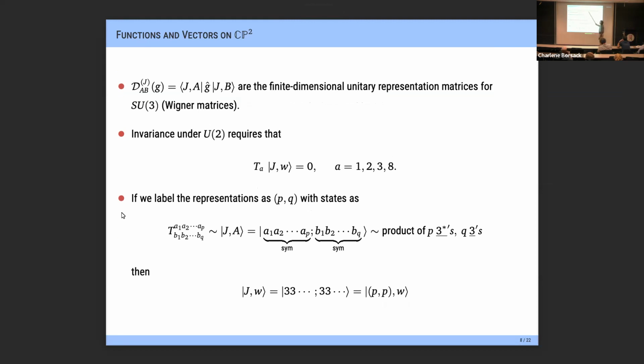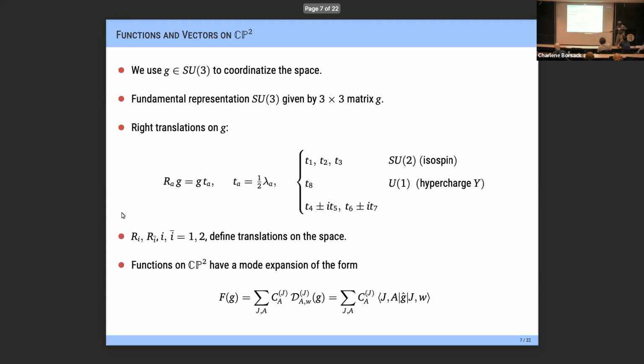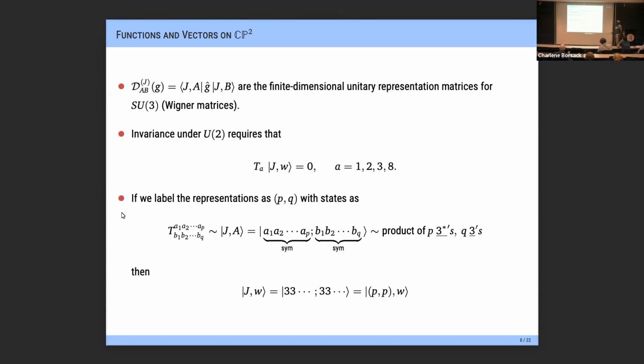And these, of course, are the representatives of G. They are sometimes referred to as Wigner matrices. They are finite dimensional unitary representations. And as I just mentioned a moment ago, if I look at the 1, 2, 3, 8 directions, the state on the right side here in this mode decomposition for functions is invariant. Therefore, this result holds.